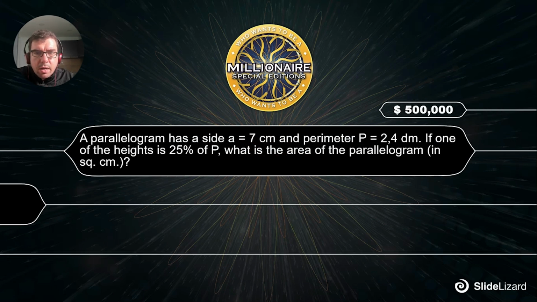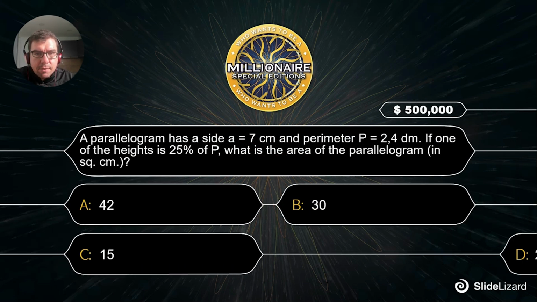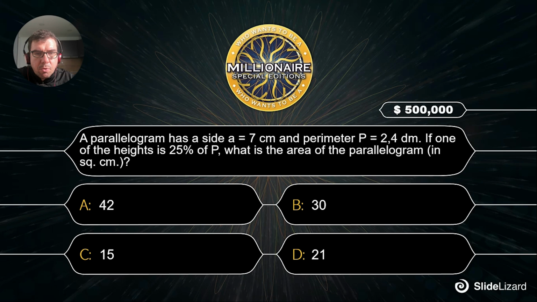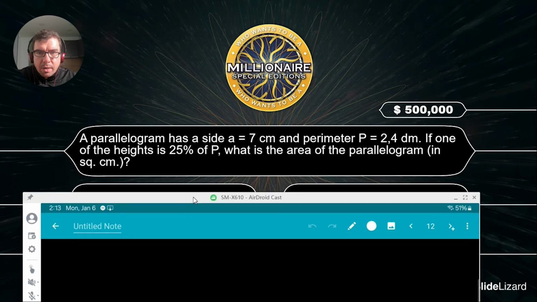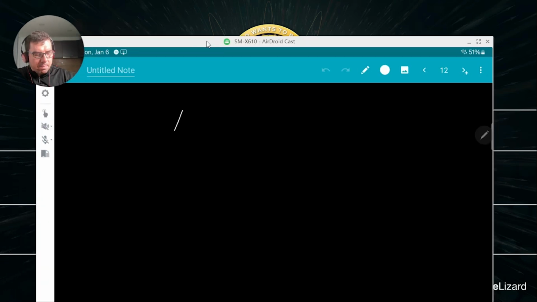A parallelogram has a side A equals 7 and perimeter P equals 2.4 decimeters. If one of the heights is 25% of P, what is the area of the parallelogram in square centimeters? What do we have here? A parallelogram.